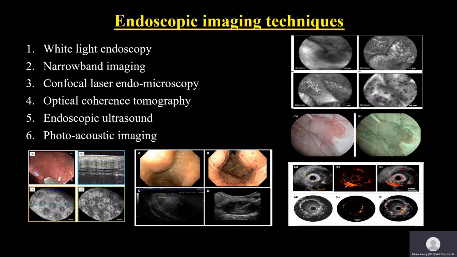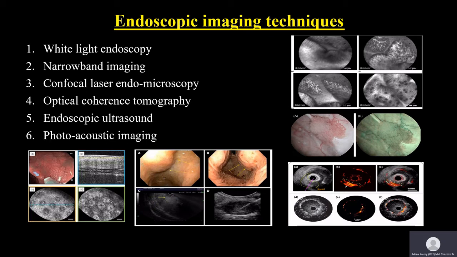Again, in brief, these are the endoscopic imaging techniques, starting with white light endoscopy down to photoacoustic imaging, from 1 to 6. In brief, the main difference is the penetration depth and the wavelength used in these techniques. White light endoscopy is mainly confined to the lining epithelium and the mucosa, but it cannot detect any changes beyond the mucosa.